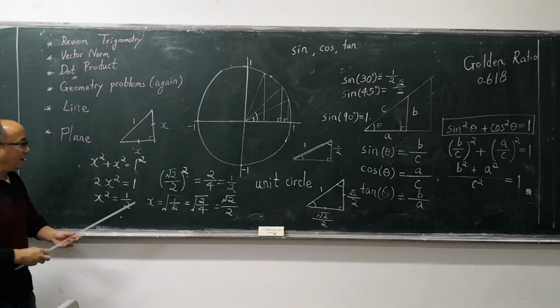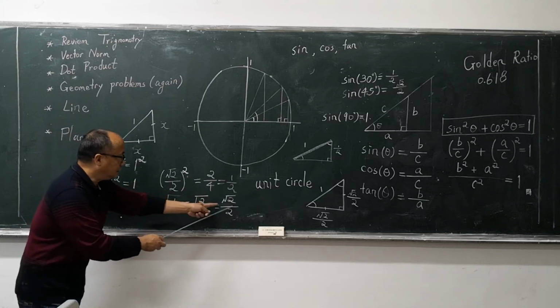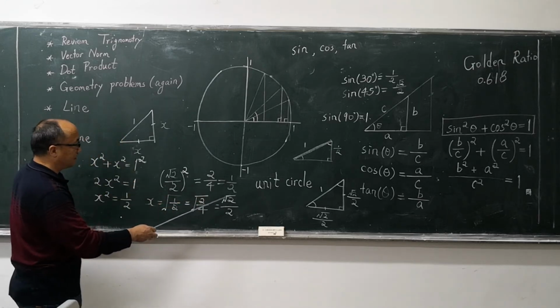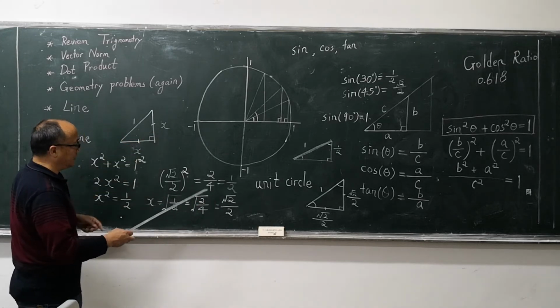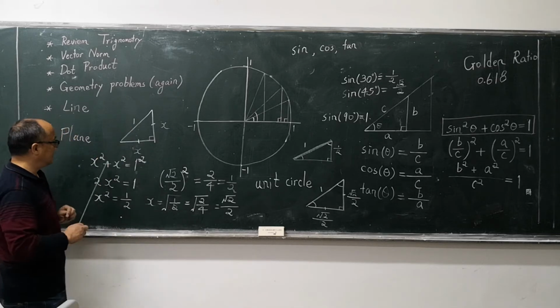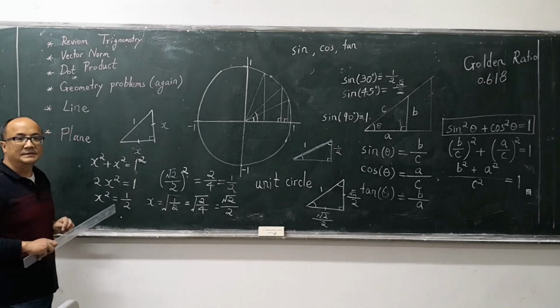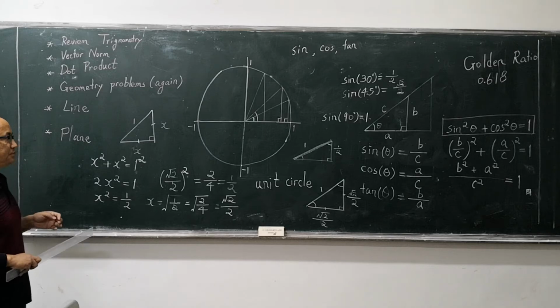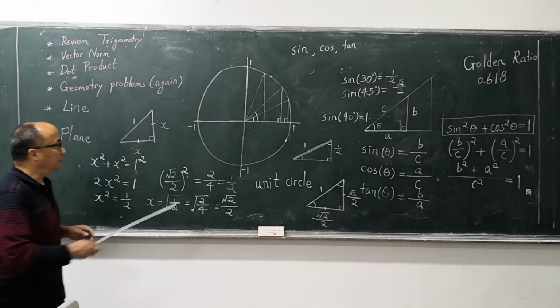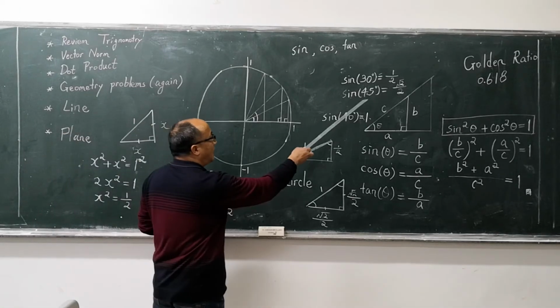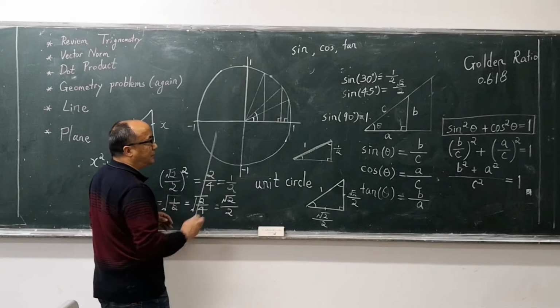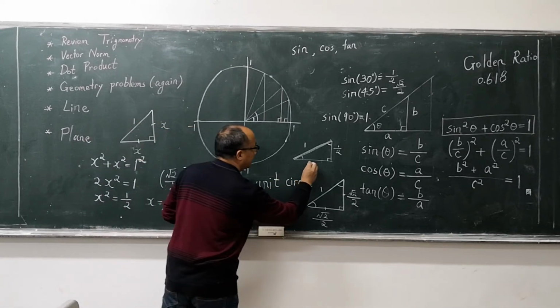And you can verify, like I said, this square plus this square equal to 1. So for 45 degree is this. For 60 degree, what's here?